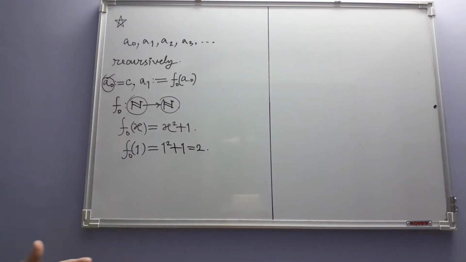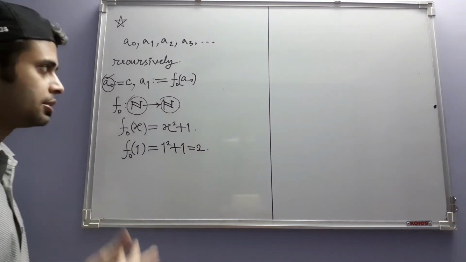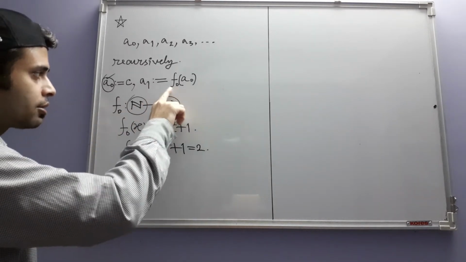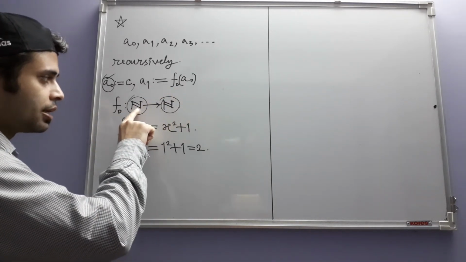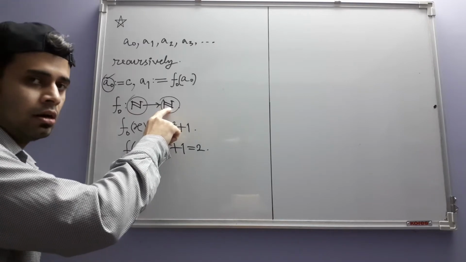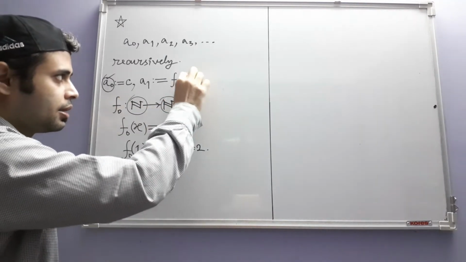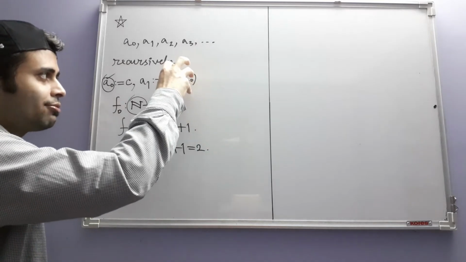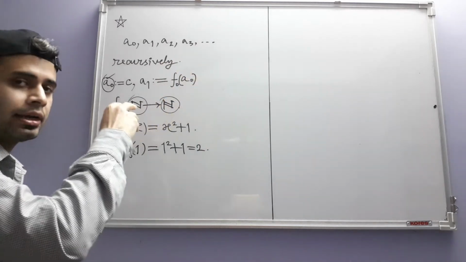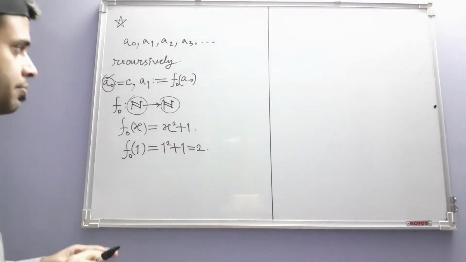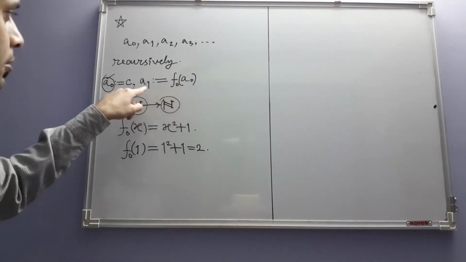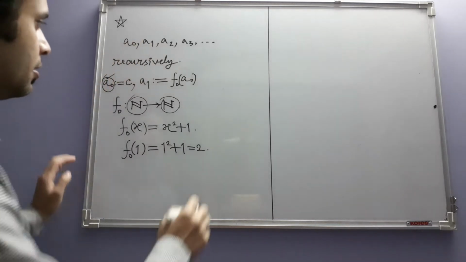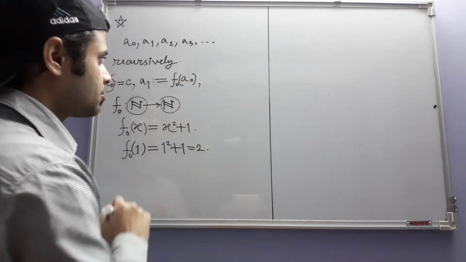So that's what functions are. In this case, f0 is a function from the set of natural numbers into the set of natural numbers. That means if I put a0 into f0, then f0 of a0 is again some other natural number, and that is defined to be equal to a1, the second term of the sequence. And the process goes like this.